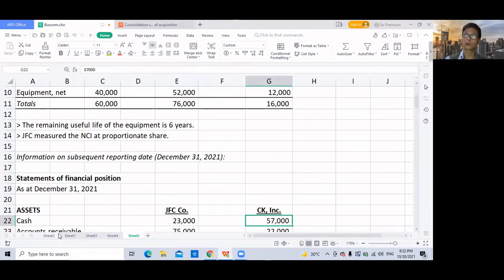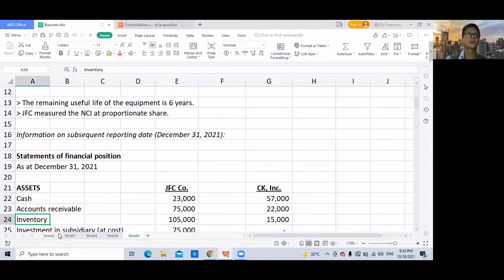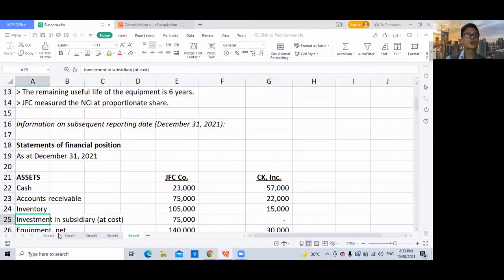So we're going to consolidate that mamaya pag gumawa tayo ng consolidated financial position of JFC and yung kanyang subsidiary. And then yung accounts receivable, JFC for 75,000 and for CK, that's 22,000. Inventory niya, at the end of the year, it's 105 for JFC and for CK, that's 15,000. So yung investment in subsidiary at cost is 75,000. Ito yung purchase price, no?